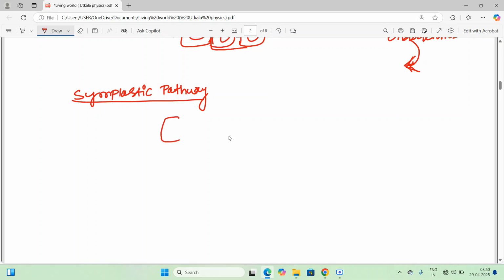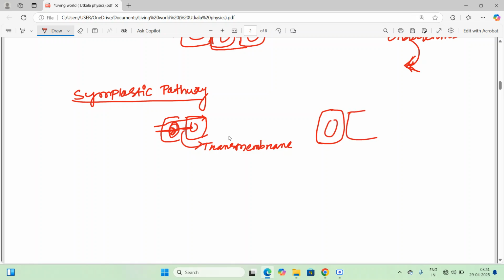This is a cell, this is a cell. If water passes through the cytoplasm of one cell to another cell, crossing the membrane twice, this will be the transmembrane pathway. If it passes like this, then it will be the symplastic pathway.